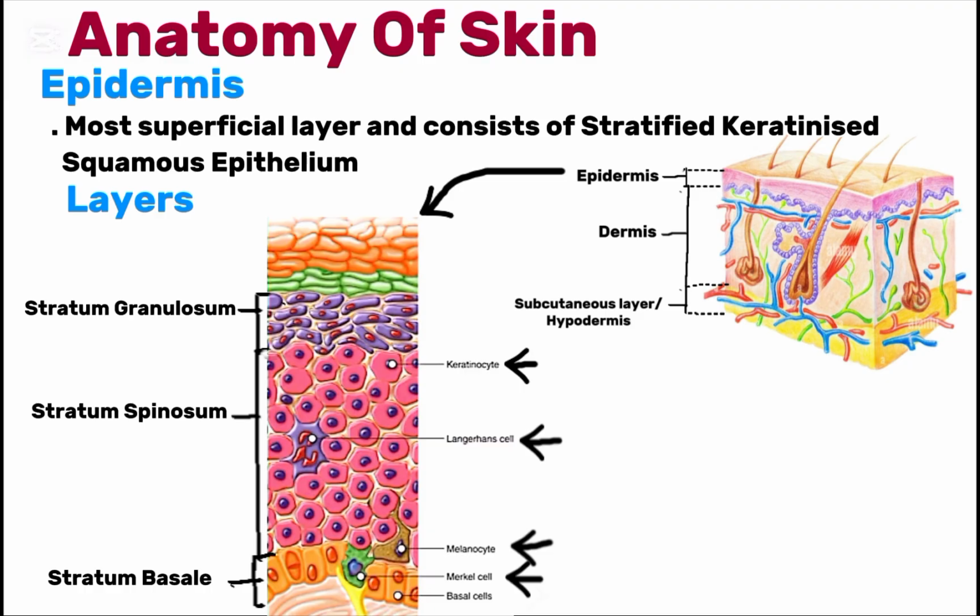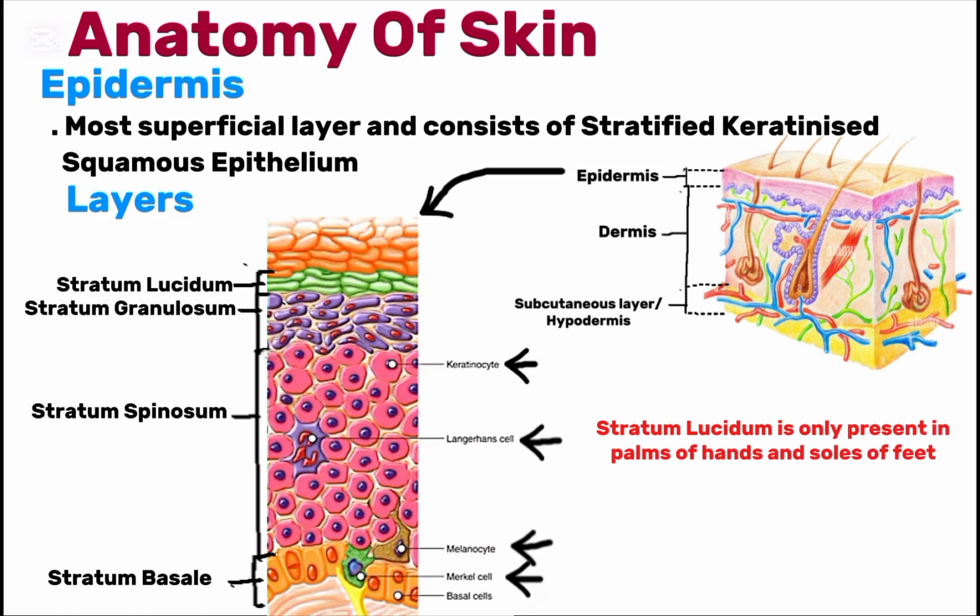Next to this granular layer is the clear layer, that is stratum lucidum, and this layer is only present in the thick skin like palms of the hand and soles of the feet. The most superficial layer is the stratum corneum. Cells from the basal layer move upward into the most superficial layer, stratum corneum, where they shed off.